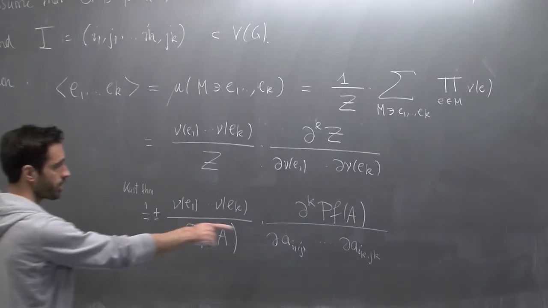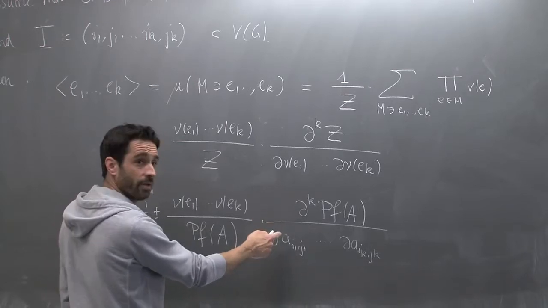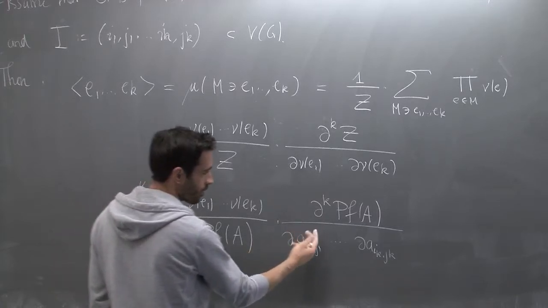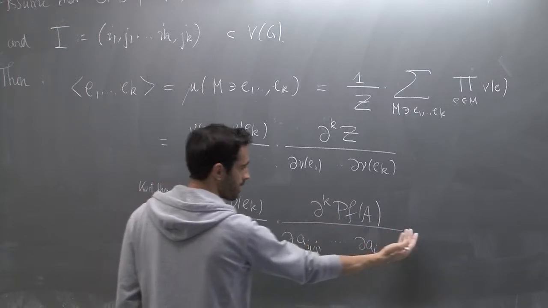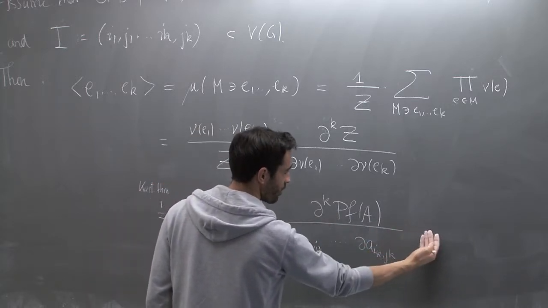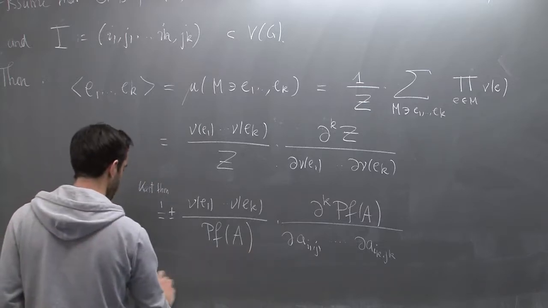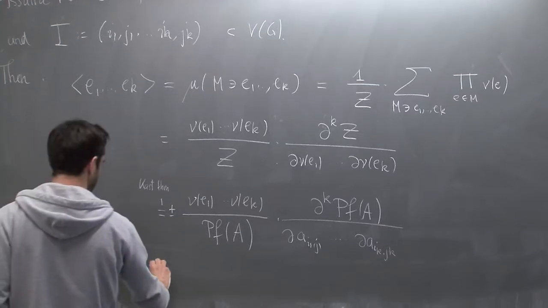Now we're happy because, remember, we had a property of the Pfaffian that was exactly expressing this thing. I'm going to use the numbering: it was properties 5 and 6.